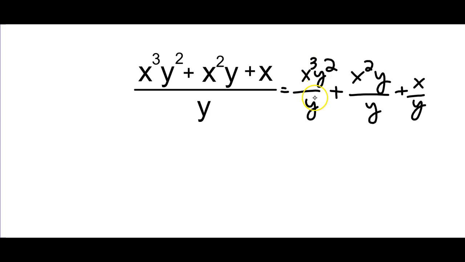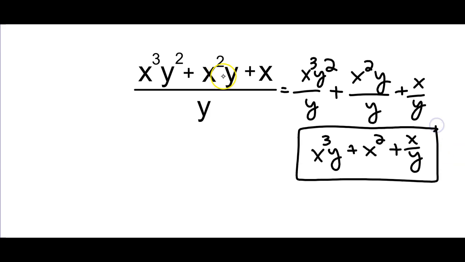And so this would simplify to x cubed y, and then this would be just x squared, and then we'd be adding x over y. I wouldn't really consider this a more simplified version of it. It's just a different way you can write it if you need to. The algebra there is correct.